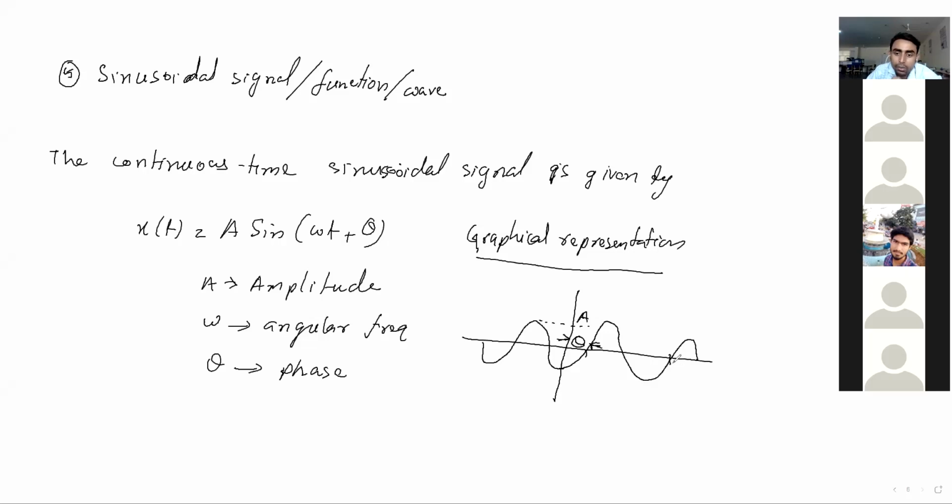So what is angular frequency? If the repetition is twice pi, then omega would be 2 pi f, where f is the frequency of the signal.